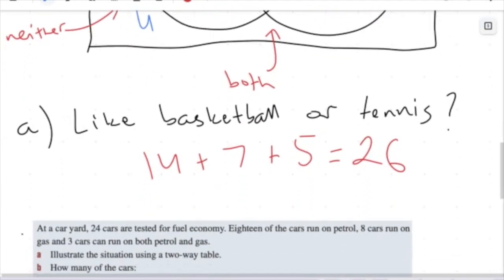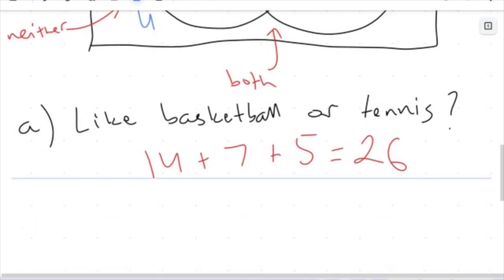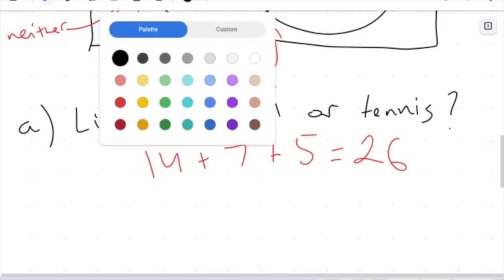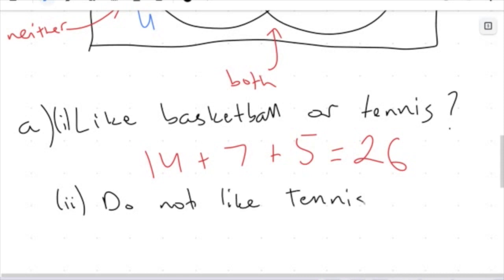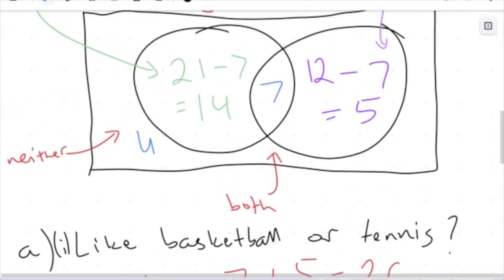Okay, so in part 2 of this question, so this is part 1, this is part 2, here we are asked how many people do not like tennis. All right.